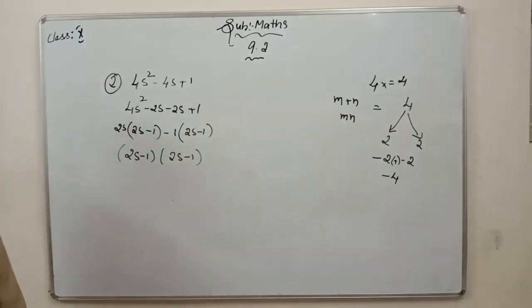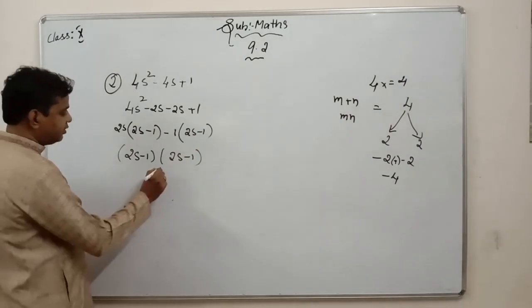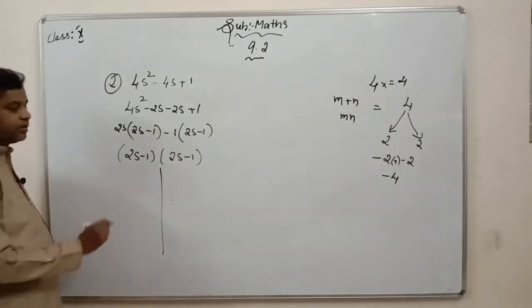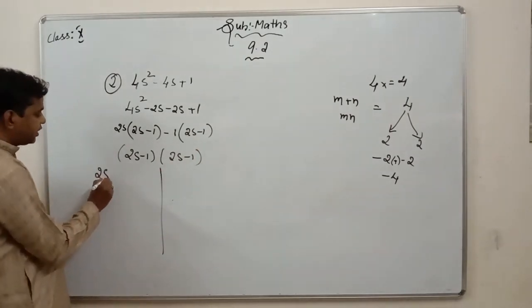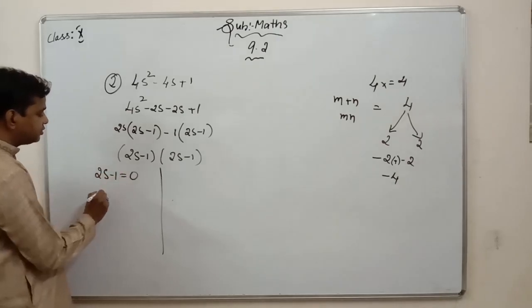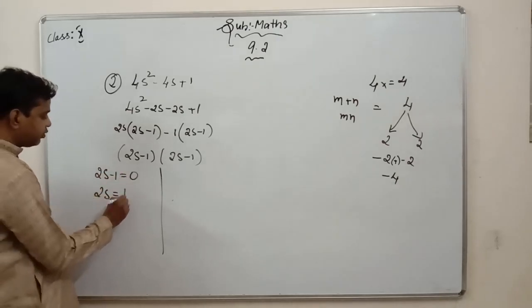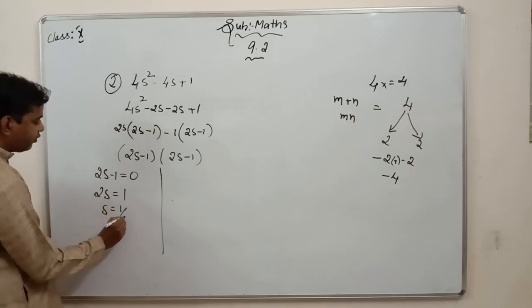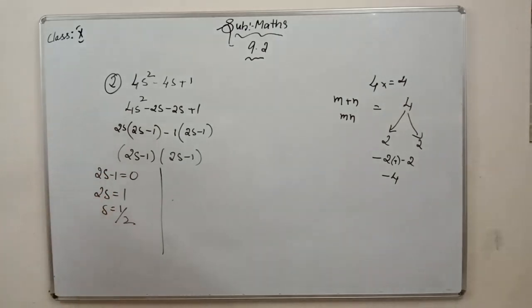We are getting the same answer, 2s minus 1 and 2s minus 1. So if we take zeros of the polynomial, what will we get? 2s minus 1 equals to 0, 2s equals to 1, s equals to 1 by 2. So we are getting s equals to 1 by 2 there.